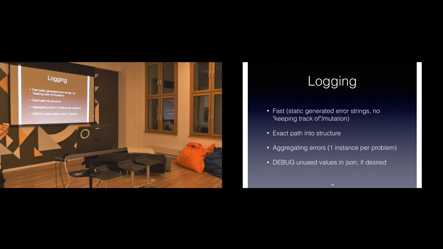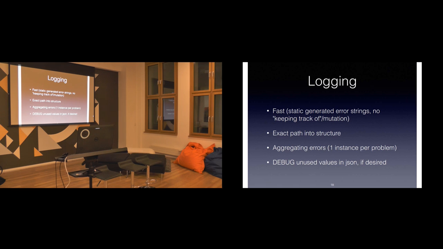Then one thing about logging I want to add. If I have some problem within some data structure somewhere, I really would like to know where it is. So you could pass through some object keeping track of your state, where in the data structure you are, and in case of an error you print it.